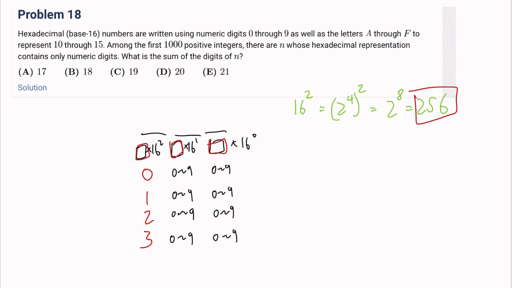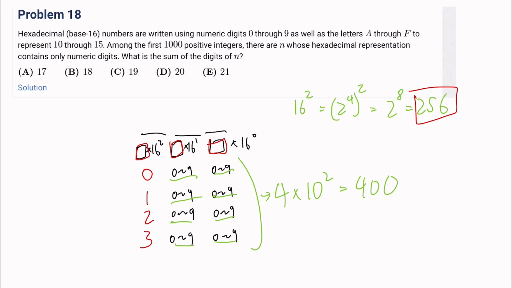And we don't need to worry about it going over 1000, because hexadecimals are base 16, so this will be the deciding factor, right? And so this gives us 10 possibilities for every 0 to 9, and so this means we have 4 times 10 squared, because we have 10 options each, right? So we have 4 times 10 squared equals 400 possibilities.